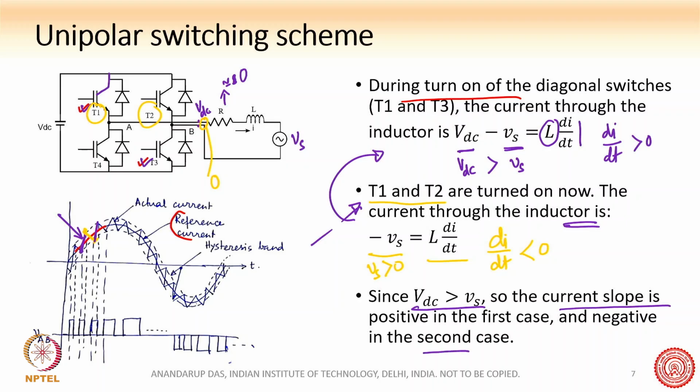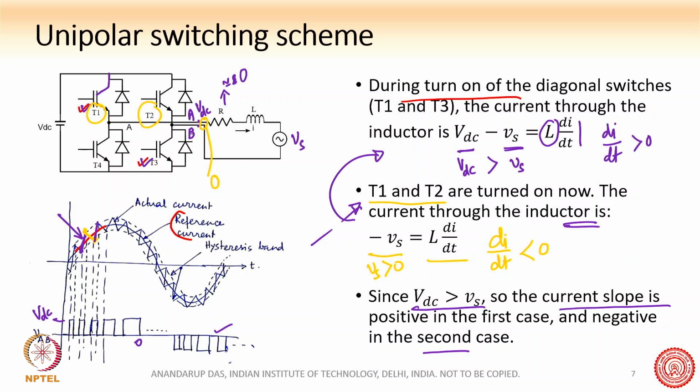So if you now see this VAB voltage, here is the point A, the AB voltage. It is here VDC and 0. It is switching between 0 and VDC all the time, and in the negative half, it will be switching between 0 and minus VDC when you turn on switches T2 and T4.